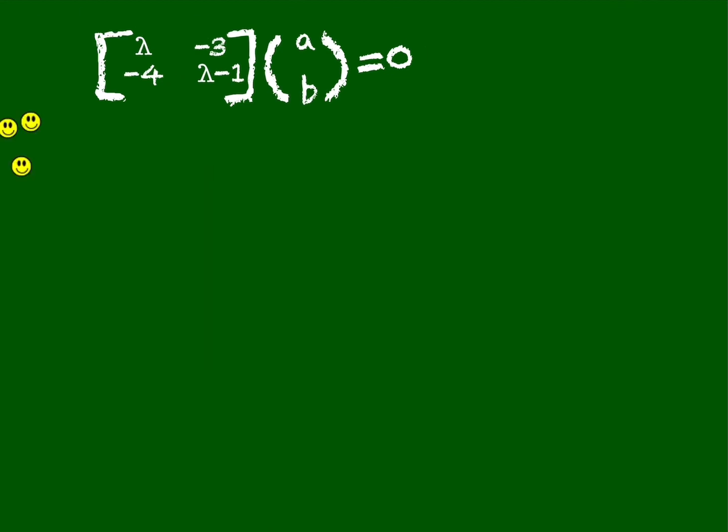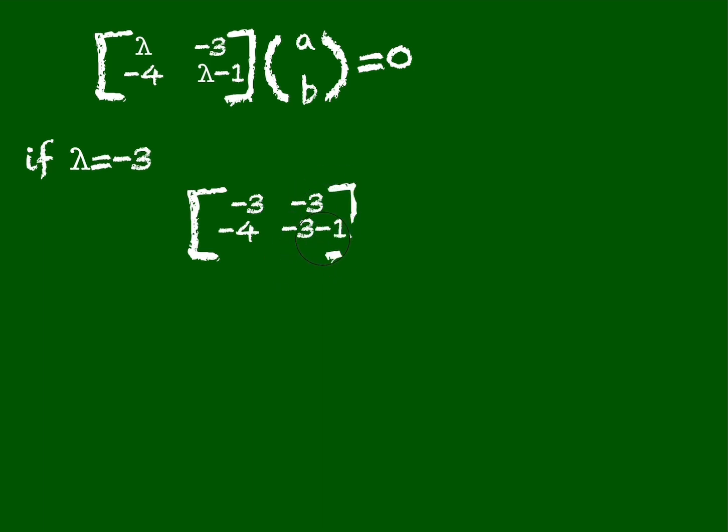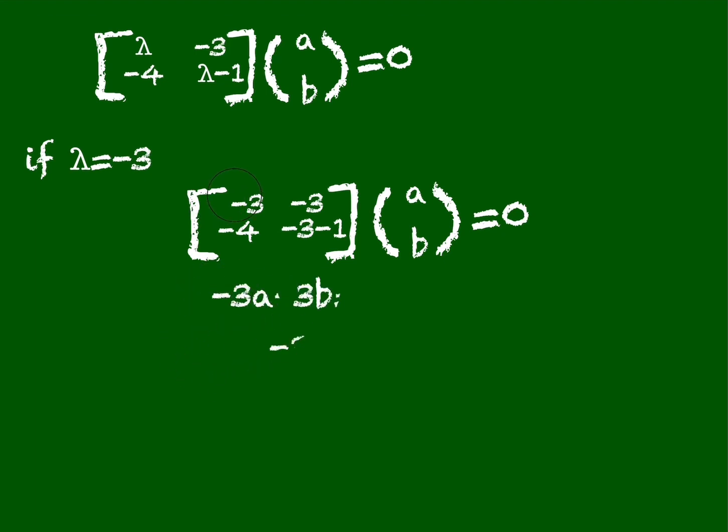We will use the same method to find the second eigenvector for the second eigenvalue, which is -3. Just substitute -3 for lambda. Then multiply the first row by the first column like we did before to find the first eigenvector.